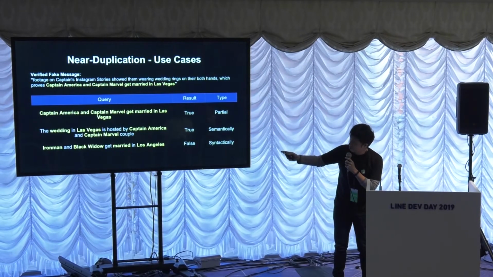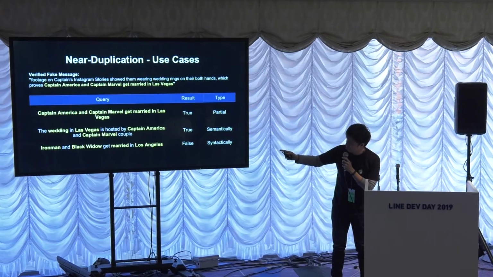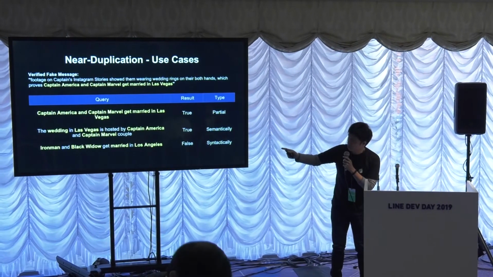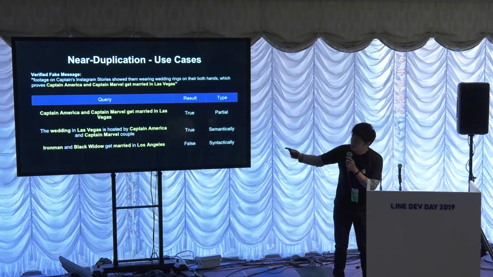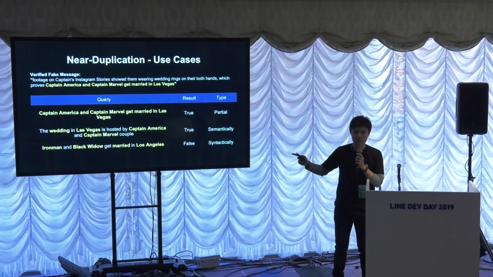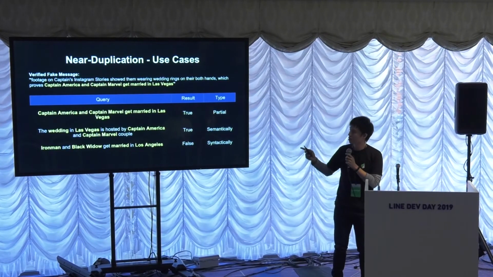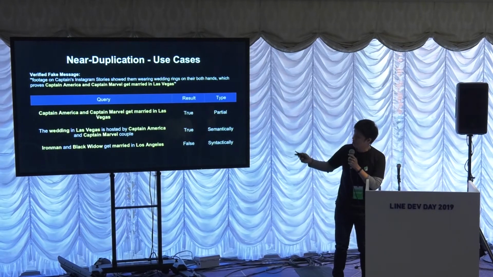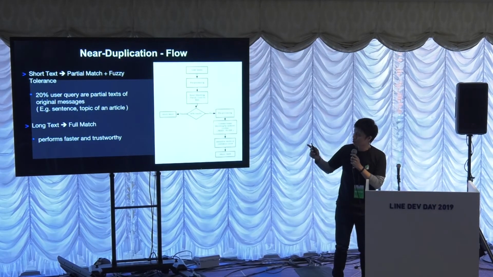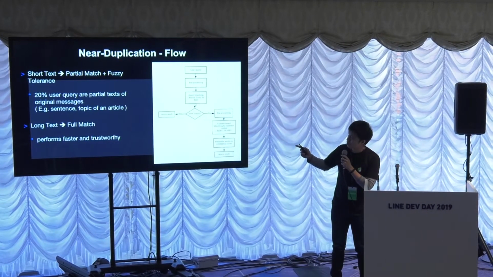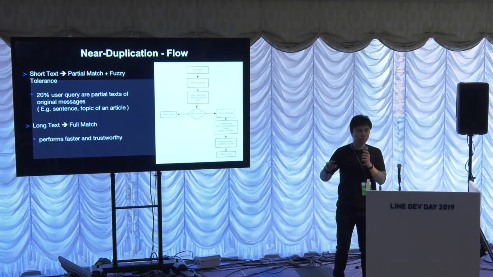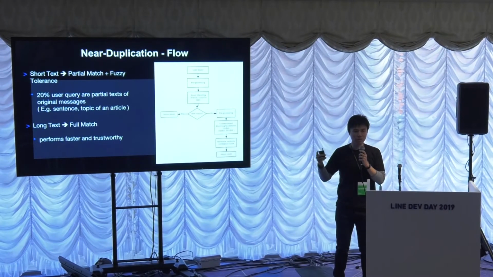But the third one, although the grammar and syntax are similar, changes the subject from Captain America to Iron Man. So this is not similar. We need to solve all these use cases. So in practice, in our system, we divide messages into several types with different approaches.